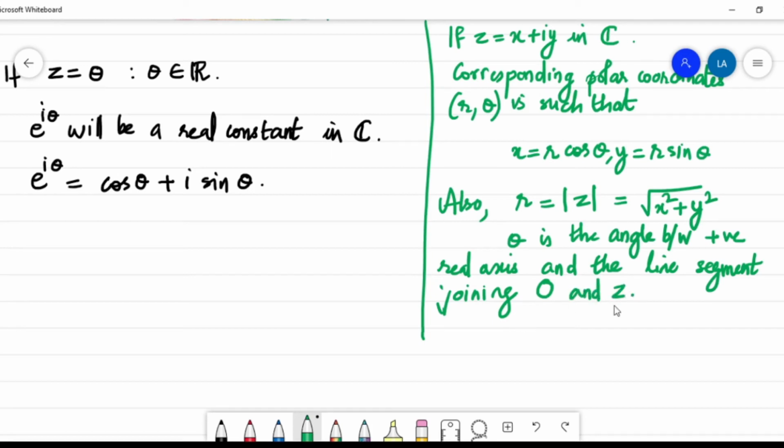And this theta is also called the argument of z. Okay.